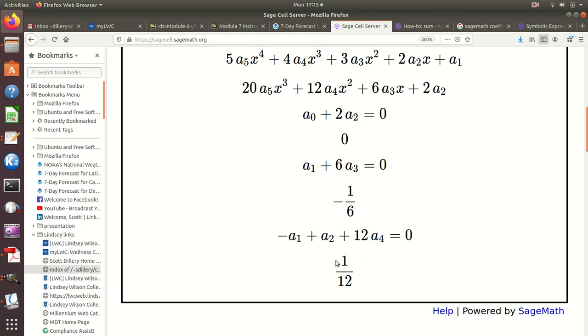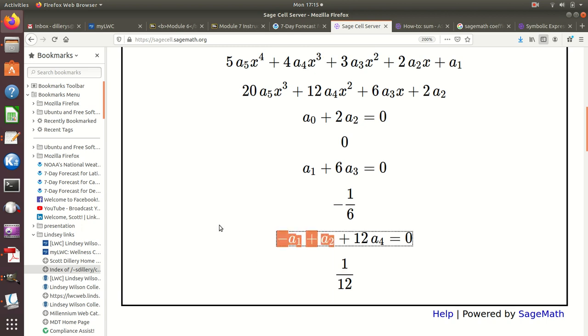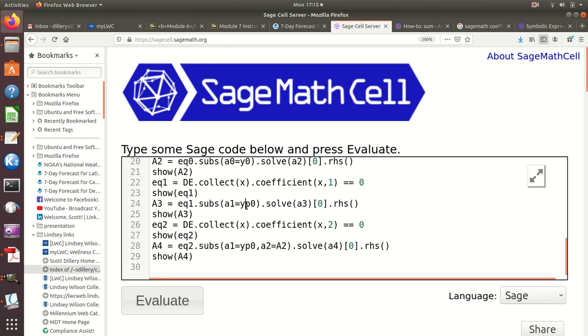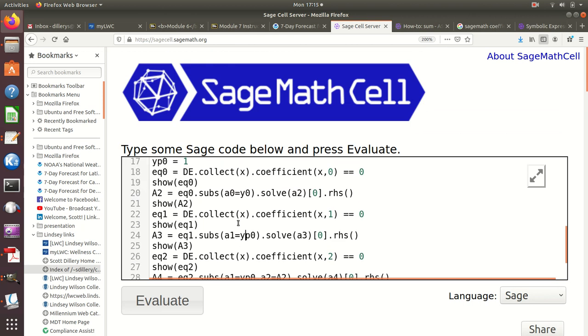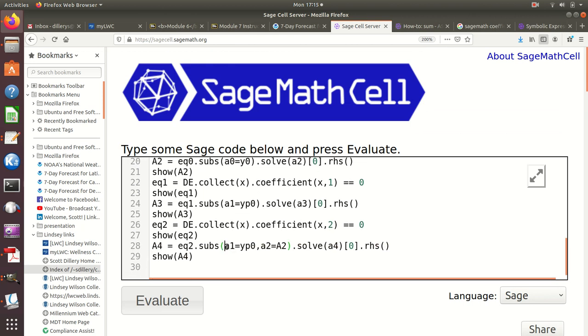So we get that same number 1/12. But you see, I had to substitute for both of those up here, so I just did it with a comma in the substitute. I just said substitute A1 was that, and then A2 was this A2. And if I needed an A3, I would have put that in as well because we have A3 up there.